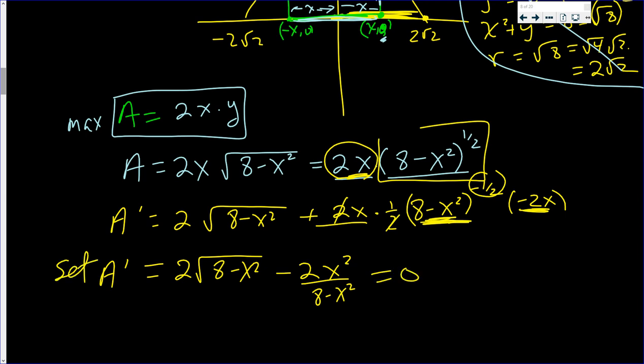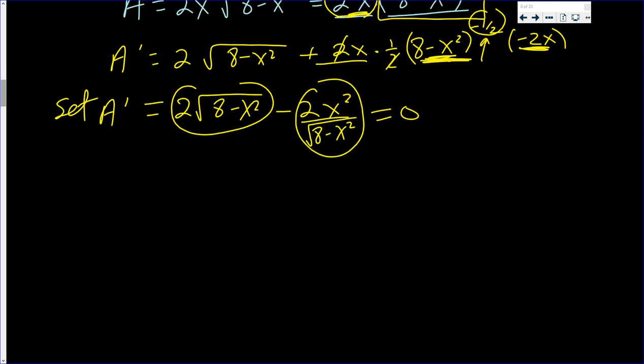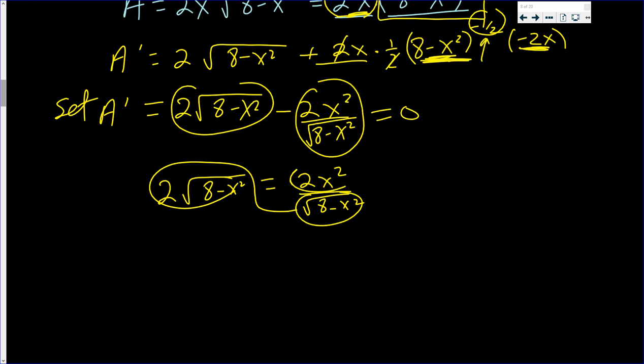If you subtract two quantities and get 0, as quickly as can be, you should say that those two quantities are equal to one another. Now, if I multiply this denominator times the other side, I'll get the numerator.